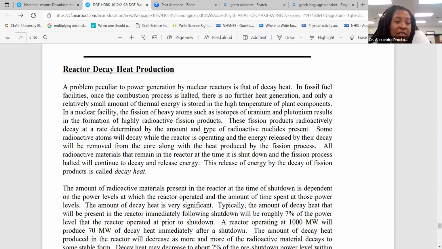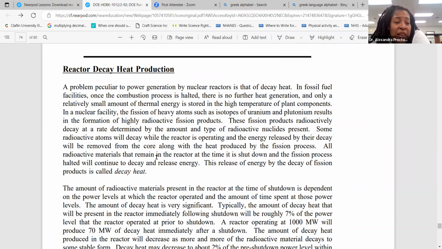In a nuclear facility, the fission of heavy atoms such as isotopes of uranium and plutonium results in the formation of highly radioactive fission products. And these products radioactively decay at a rate determined by the amount and type of radioactive nuclides present.